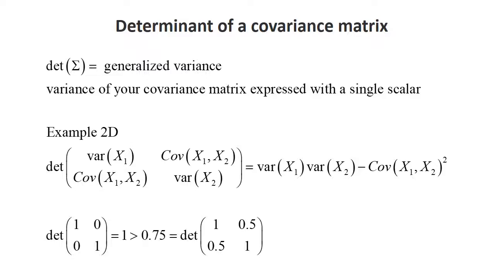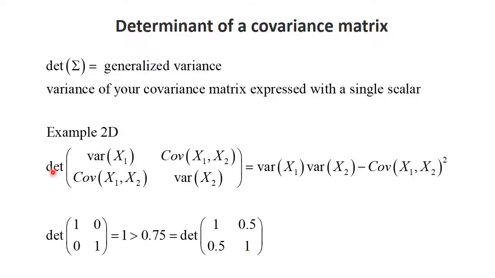So imagine you take the determinant of this unitary matrix. Then the determinant, of course, is 1. Well, if we now have another correlation matrix where we have higher correlation in the sample set, then the determinant is less. And that makes sense, right? In terms of variance, this has much more variation because of the lack of correlation than this here.